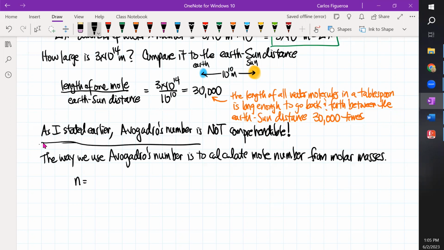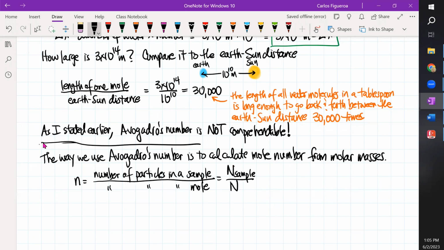The number of moles, by definition, is the number of particles in a sample, divided by the number of particles in a mole.